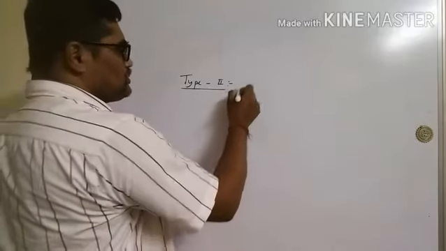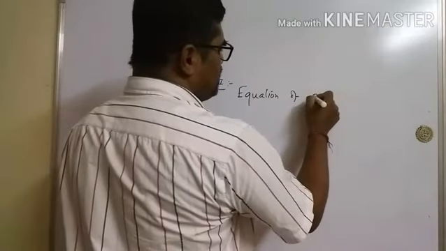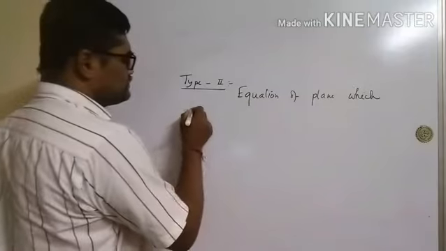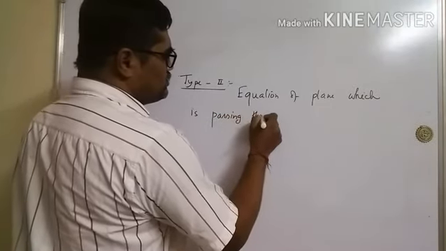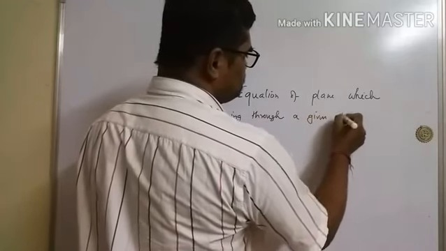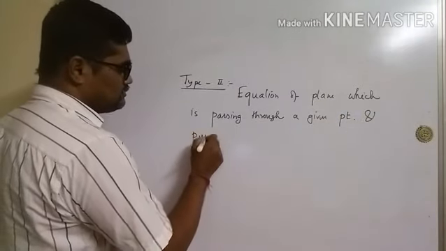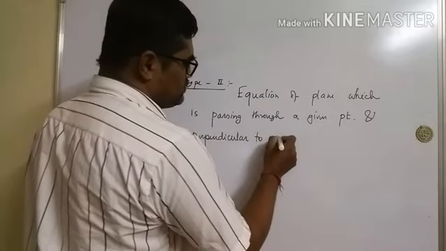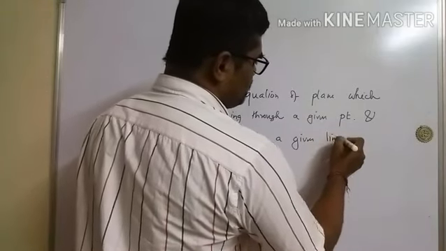It is the equation of a plane which is passing through a given point and perpendicular to a given line, right? Given line or given vector.